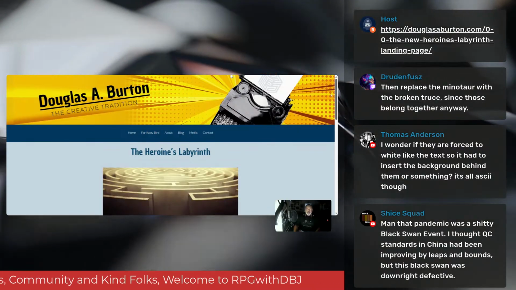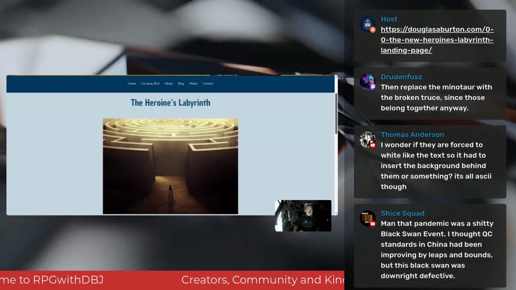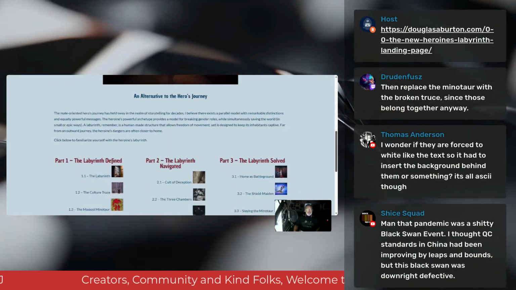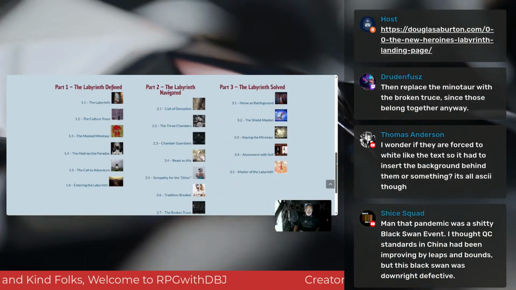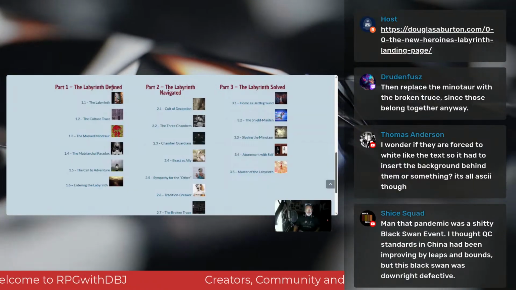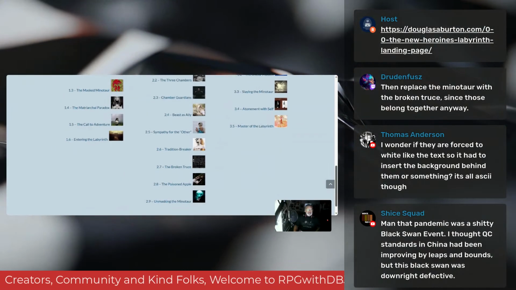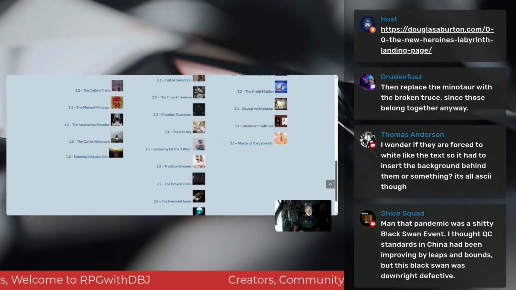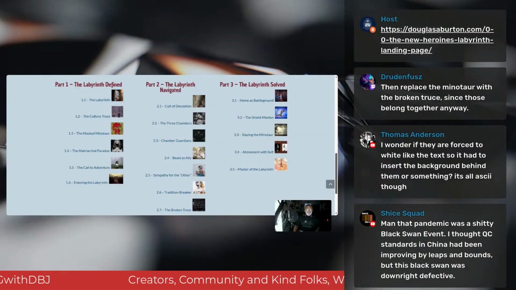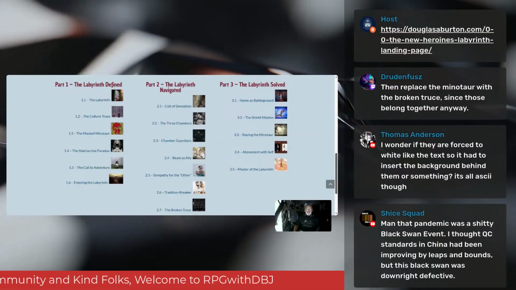So by the way, the background here is the gentleman's website. This is the Labyrinth, and then below that are like 22. I didn't count them. Let's see, 6 plus 5, 11 plus 9, 20 different categories, story notes that we hit.